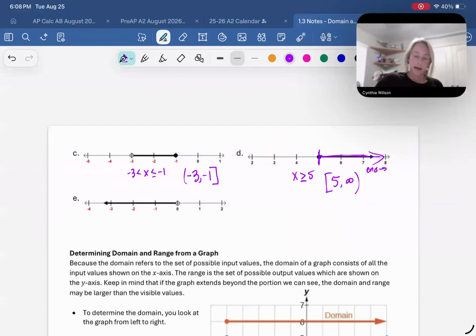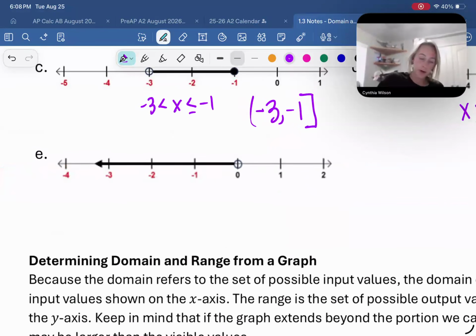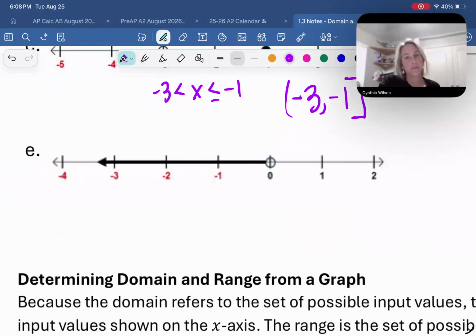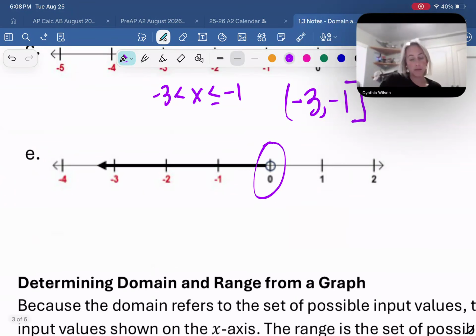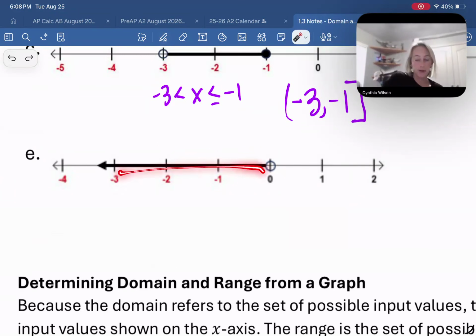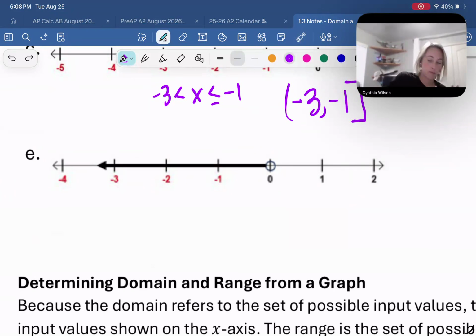All right, let's do one more. Now I can see 0 here. And this time, my arrow is pointing off to the left. So let's compare. How does -3 compare to 0? Is it greater than or is it less than?